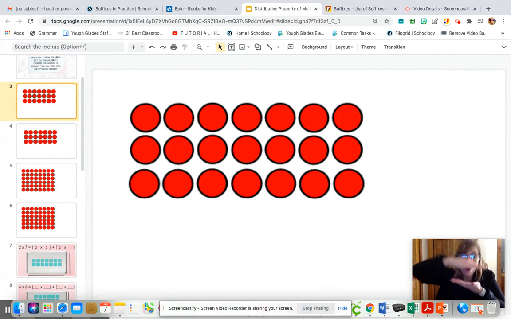So instead of one heavy load, I distributed my load into 2 smaller loads to make the job easier. So that's what I want you to think of when you think of distributive property of multiplication.